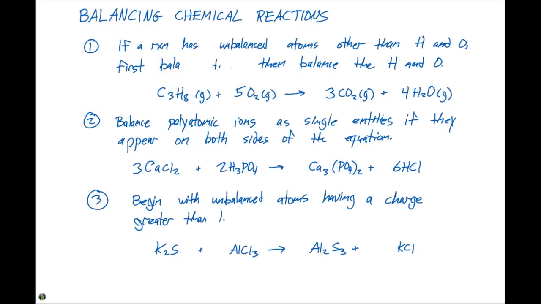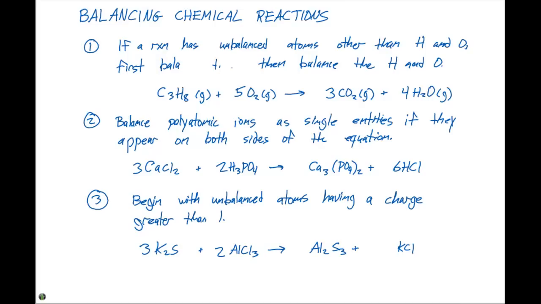the first thing we're going to look into balancing is the one with the largest charge, which in this case would be aluminum. On the right hand side we have 2 aluminums, on the left we only have 1. So we want to put a 2 in front of the AlCl3. The second thing we can look at is the sulfur. Here we have K2S, and over on the right we have Al2S3. So you have 3 sulfurs on the right, 1 on the left, so we're going to put a 3 in front of the K2S.